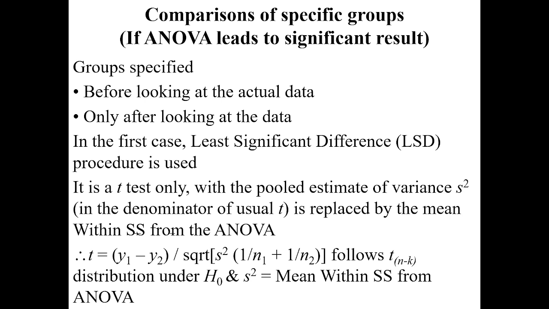It follows a T distribution with n minus k degrees of freedom under H0, and this S square is nothing but the mean within SS from ANOVA. That is the difference that you should keep in mind if you want to do a pairwise comparison after ANOVA leads to a significant result, and if the comparison categories have been pre-specified before looking at the actual data.